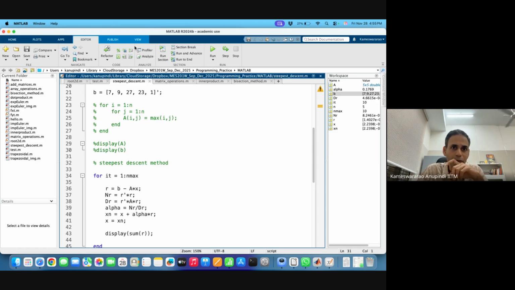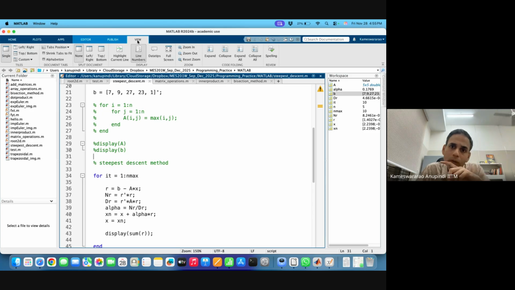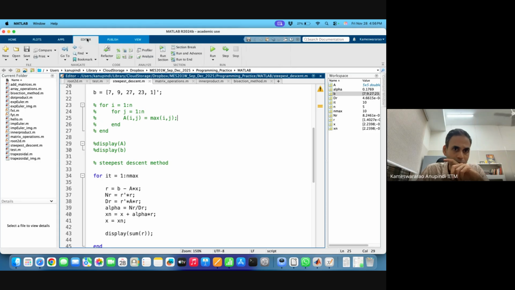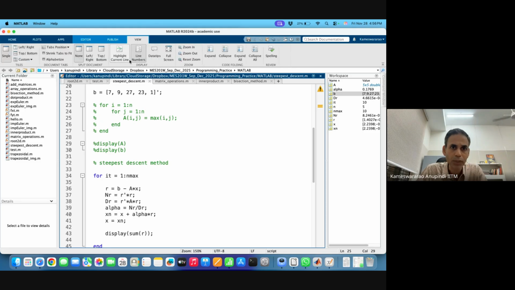Fine, maybe I have to view the output window. I think I seem to have lost it. I have to figure out how to show that. Anyway, that is fine.